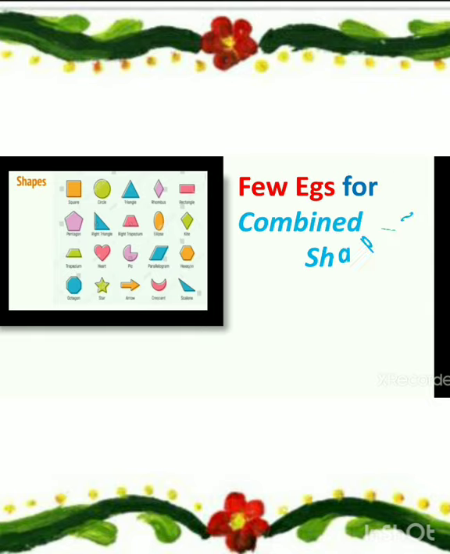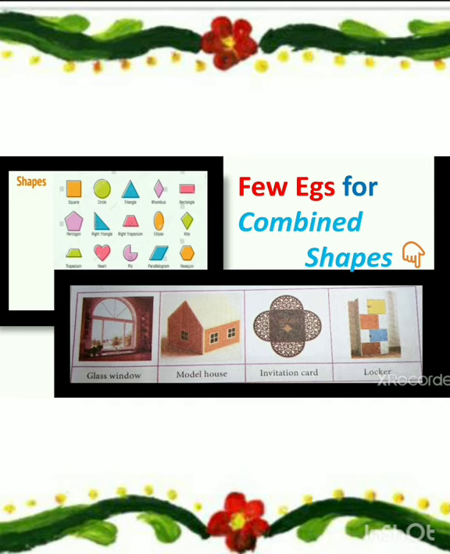Let us see a few examples of combined shapes. What do we observe from the figures? The shape of a glass window is like a semicircle placed over a rectangle. The second figure, the front facing wall of a model house, looks like a triangle over a square.